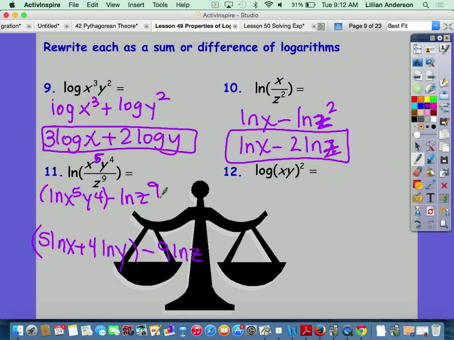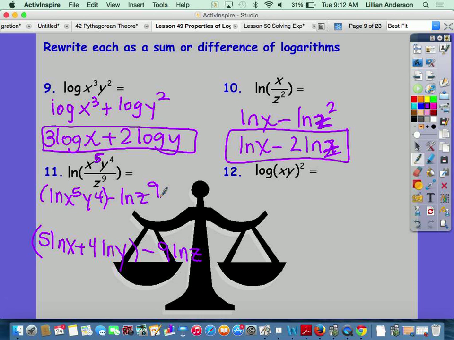What about 12? I just stopped and waited. Why'd you stop? Because x and y is squared and I don't understand. Go ahead, Tyler. Wouldn't it be parentheses log x plus log y, squared?